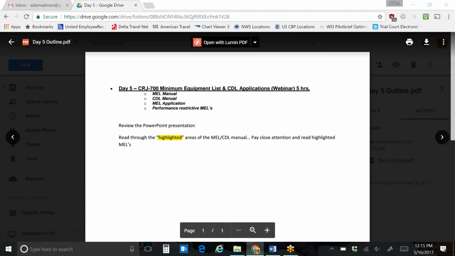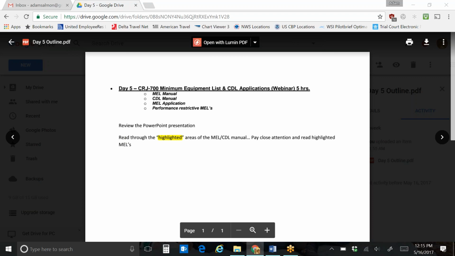In some cases, it's not going to be possible, and that MEL itself would ground the airplane. On a nice day where there's no weather, then it might not be restricting us at all. So just take that into consideration, and obviously that's just one example out of hundreds of examples that are potentially in here.